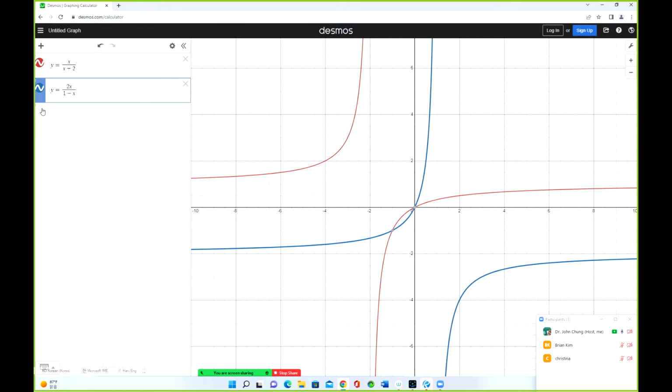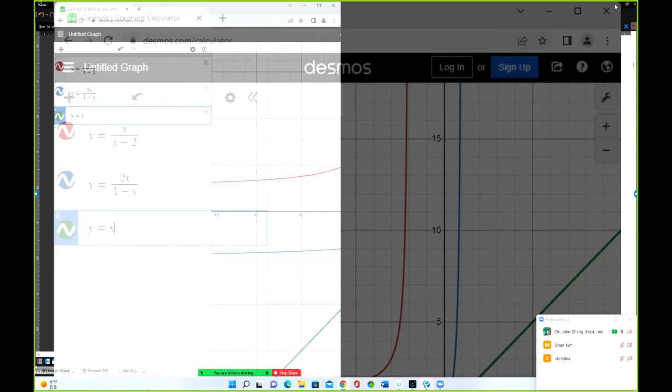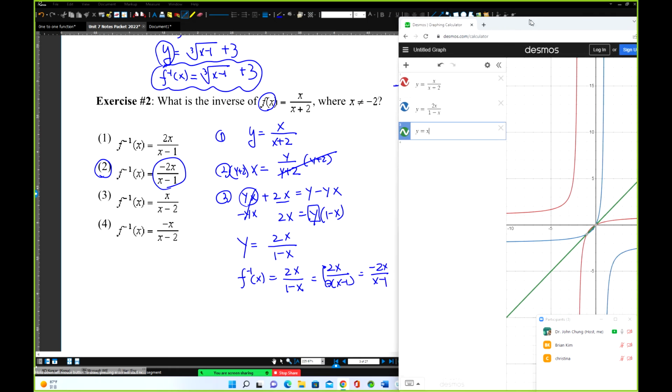I'm going to put one more graph over here, y equals x. Can you see that? Exactly symmetry about y equals x. This one is symmetric to this one. That's the graph.